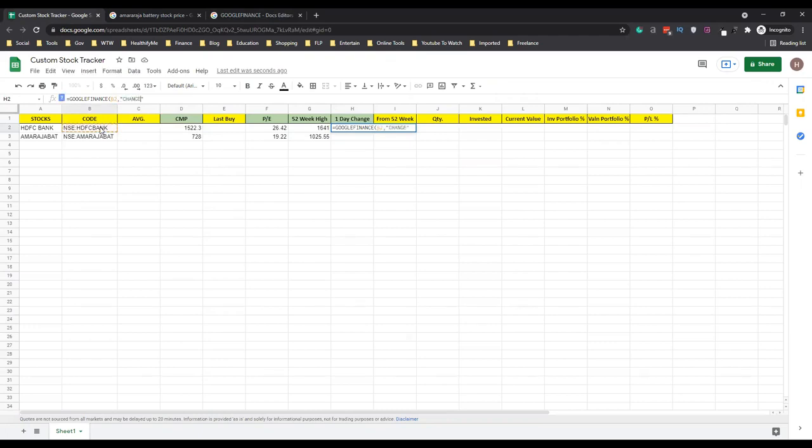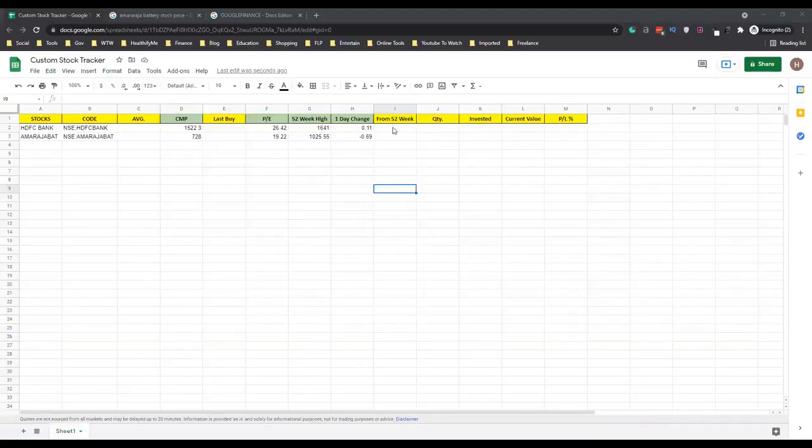You can see the last trading day has gone 0.11% up. And if it goes down, then it comes as a negative. Like Amara Raja has gone down by 0.69 in a single day. So these were the columns which we are going to get from the Google Finance function.